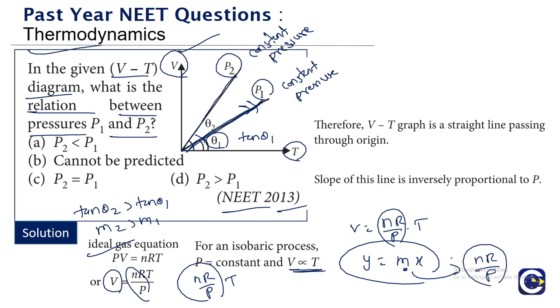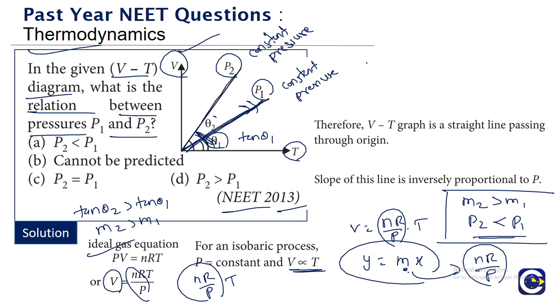When the slope is higher, in that place the pressure will be less. In the case of the second one, theta 2, the slope is higher than the first, m2 is more than m1, so P2 will be less than P1. Slope is inversely proportional to the pressure. Wherever the slope is more, in this case theta 2, that's a larger angle.